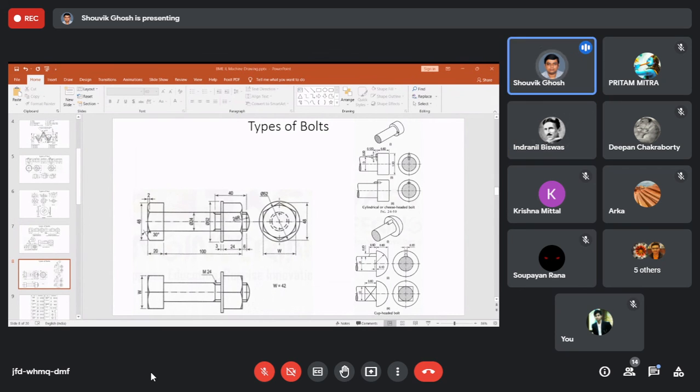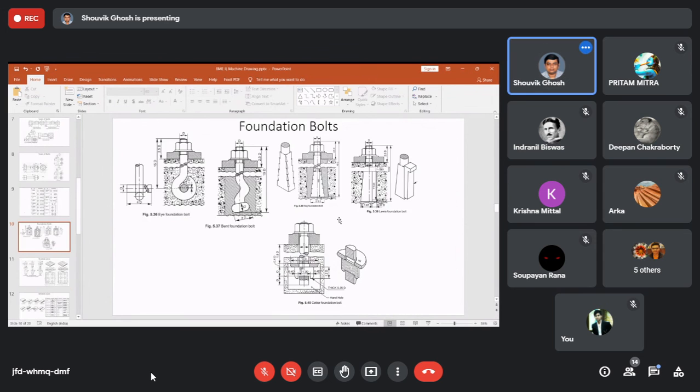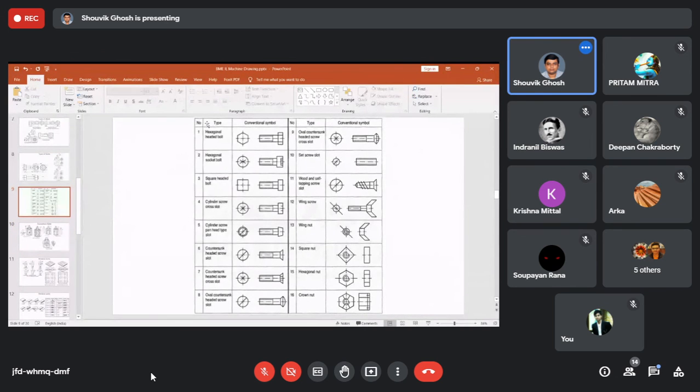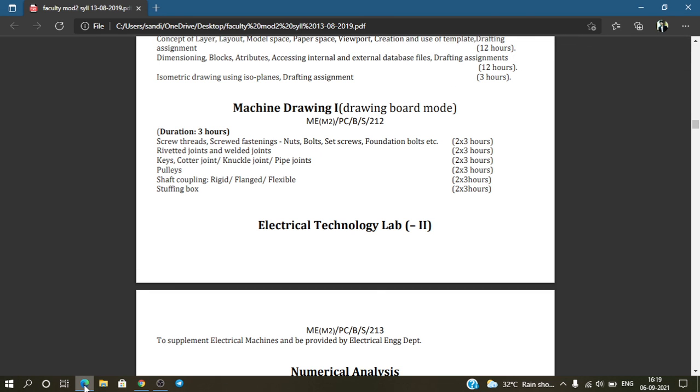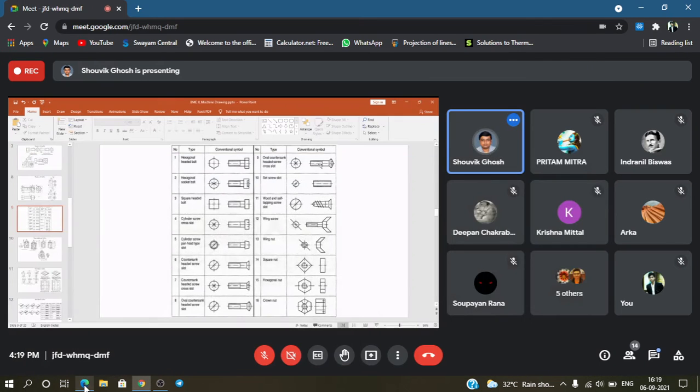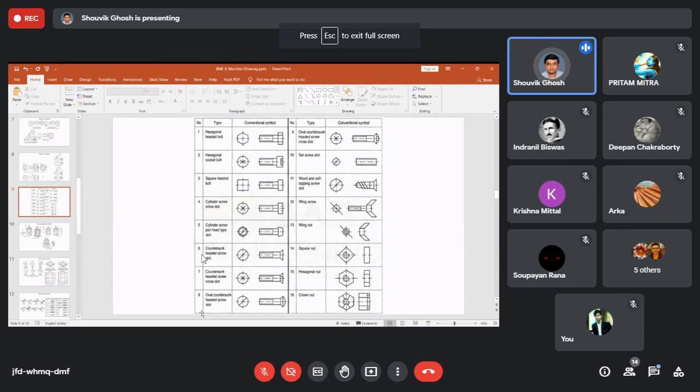In your report you should mention all these types of bolts. This particular table that you see over here should be mentioned in one of the A4 sheets.